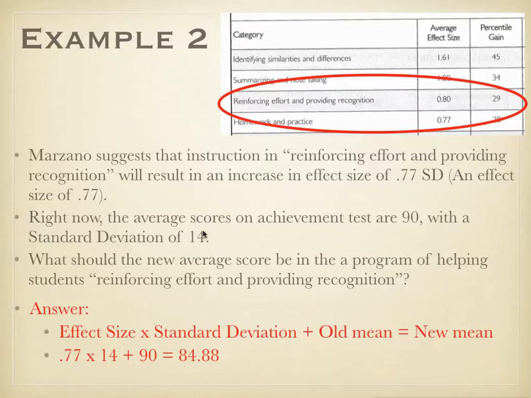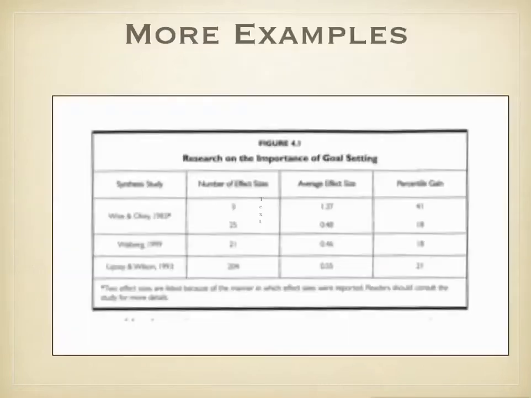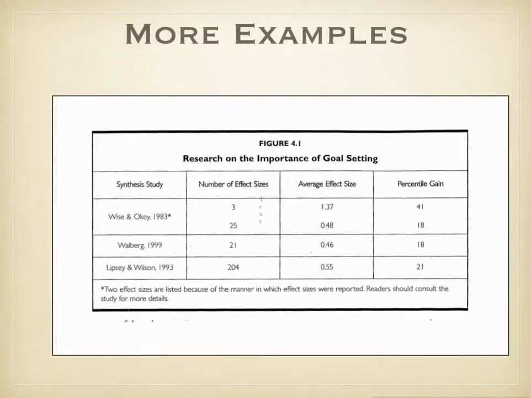What percent of that standard deviation will this particular intervention increase our scores by? Well, 80%, or 0.8 should do the trick. Effect size times standard deviation plus the old mean is the new mean. So 0.77 times 14 added to the old mean is an increase to a new mean score of 84.88. Now in Marzano's books, he gives more examples of how this might work.